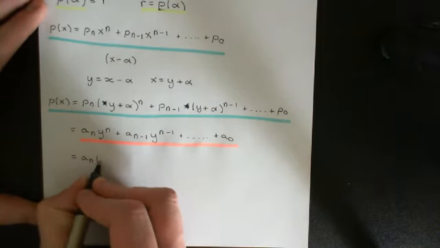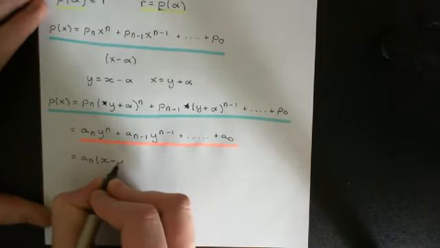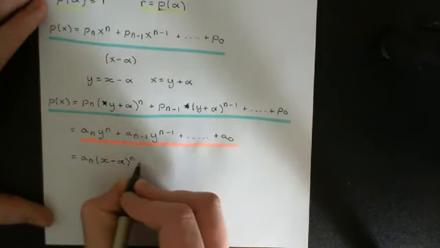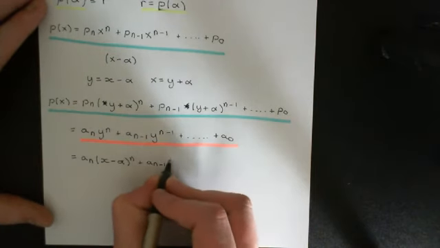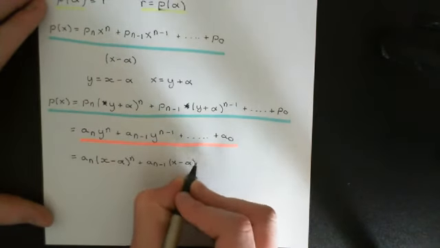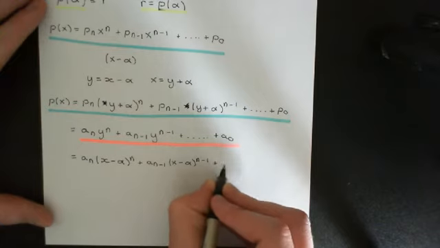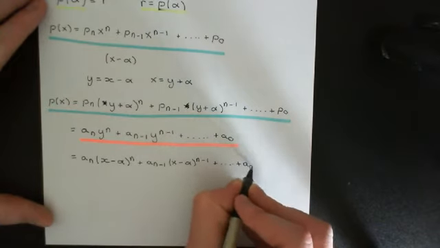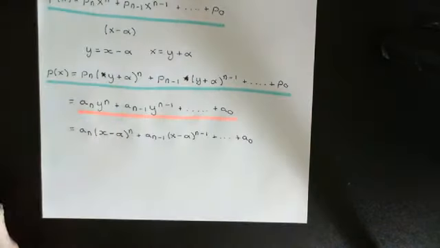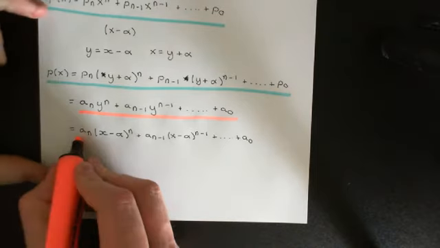Right, now all you have to do is replace back y is equal to x minus alpha, and what you'll get is (x minus alpha) to the power of n plus a_(n-1) (x minus alpha) to the power of n minus 1 plus all the way down to a0, like so. Now it's really, really simple.